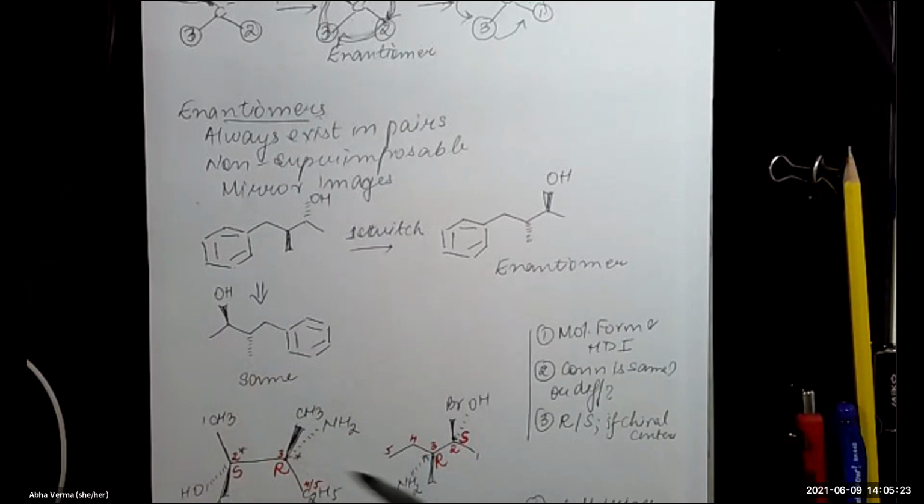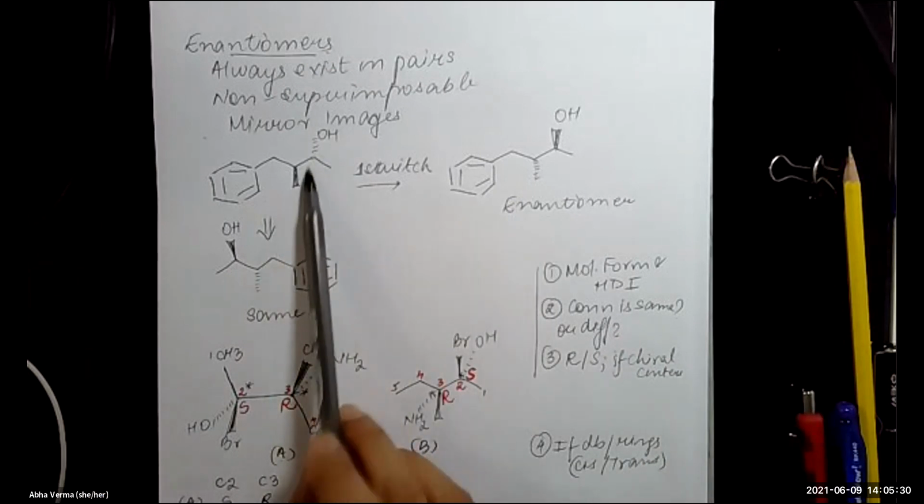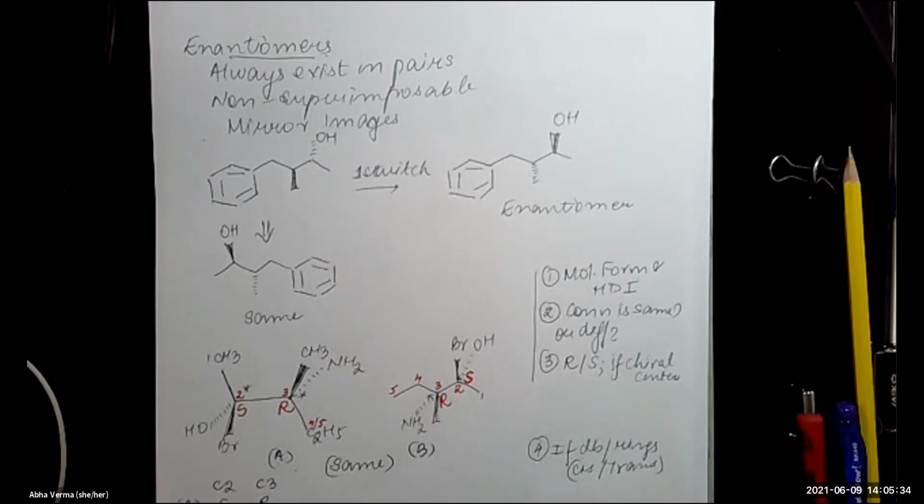Whenever you're given 2 structures, first of all, you should be able to see them properly. If you see them better in a wedge or a dash, if you see them better in a sawhorse, however it is easy for you to see. If you want to see them on models, you can do that also.